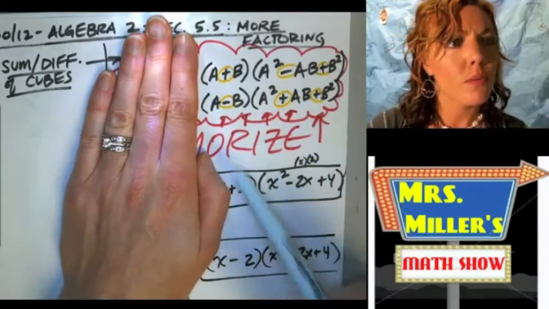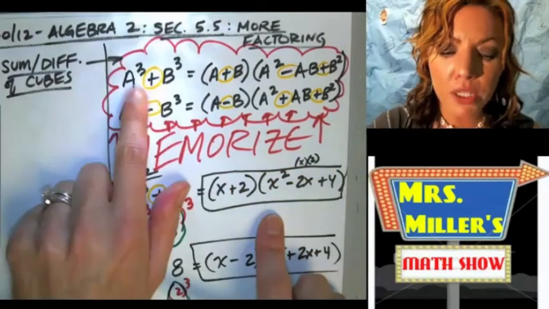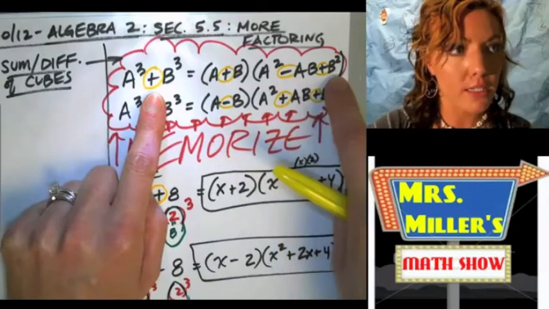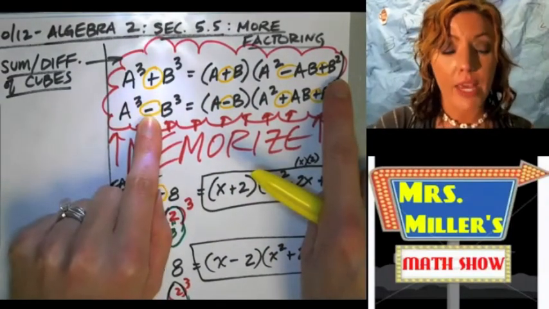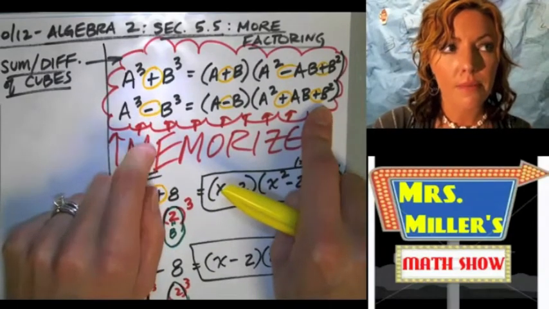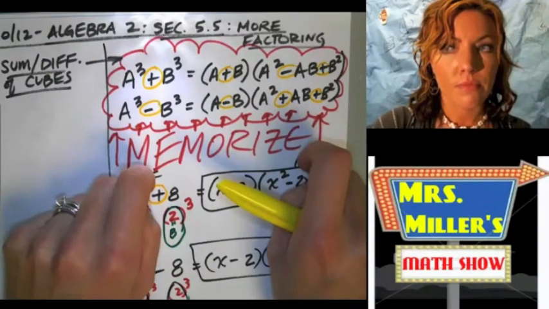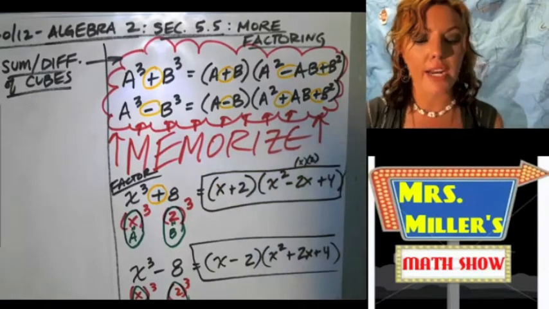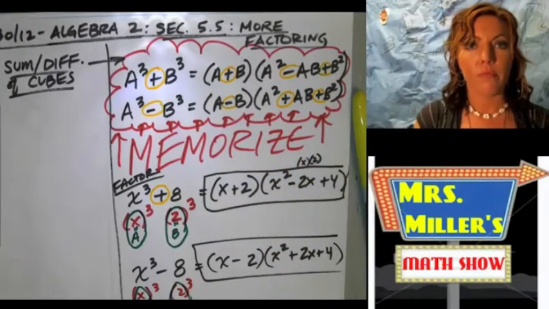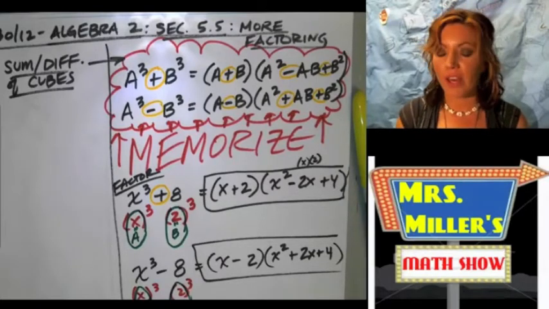For the plus, a cubed plus b cubed, it goes plus, minus, plus. With the minus, a cubed minus b cubed, it goes minus, plus, plus. Use that to help you. Does that make sense to everybody or not really? That makes sense. Okay.